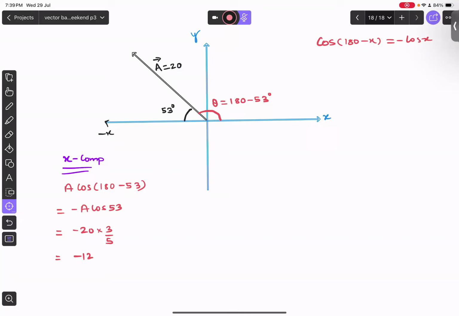It means if this vector is of 20 kilometers, and maybe this is our east, and this is our north, and this is our south. So in traveling these 20 kilometers, we have done 12 kilometers along south. But I'm not asking how much we have done along south.